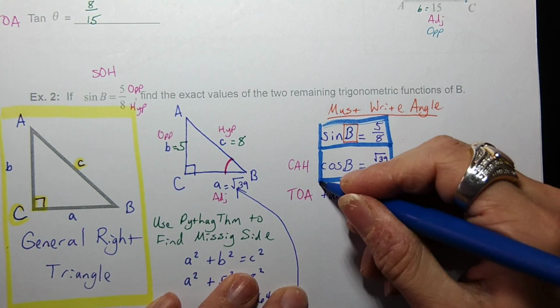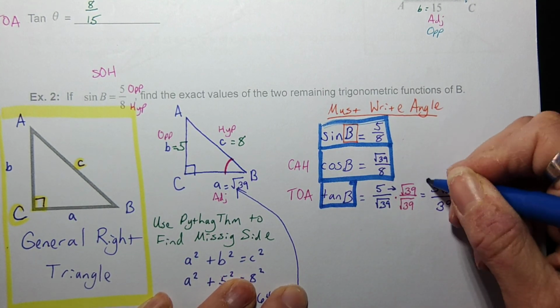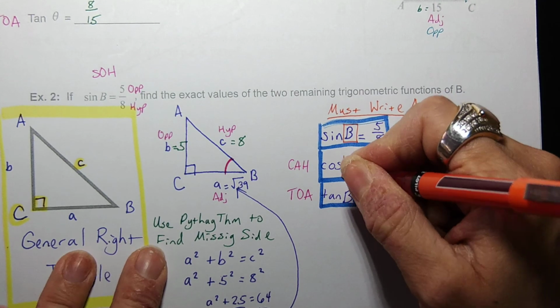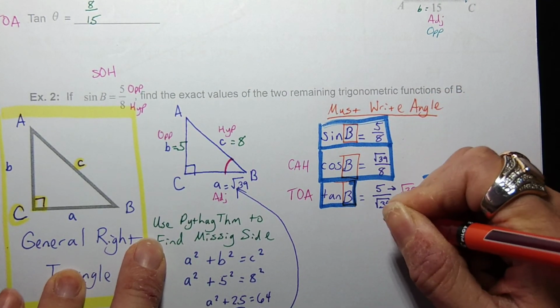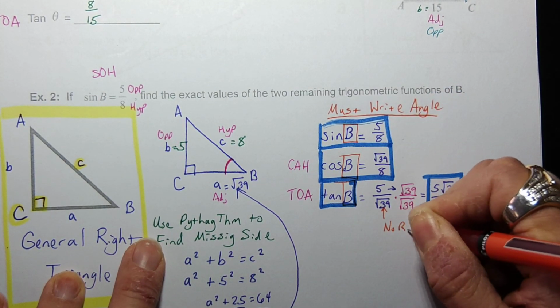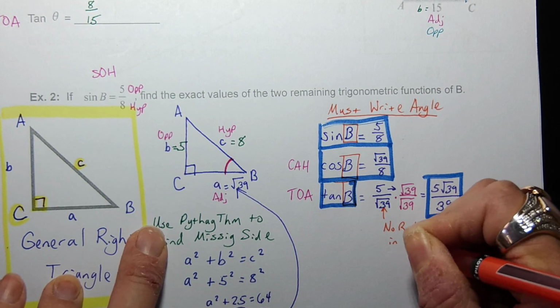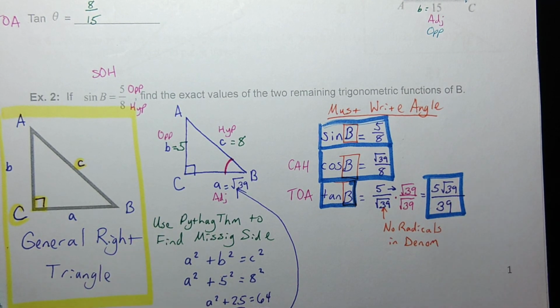So tangent of B is this. I would just put a note as a reminder: no radicals in the denominator. We have to rationalize all of those.